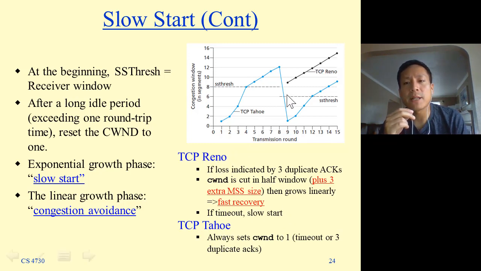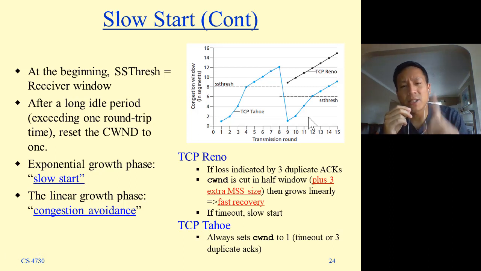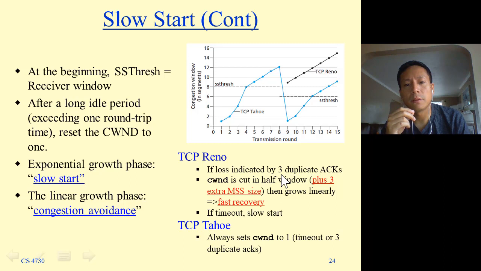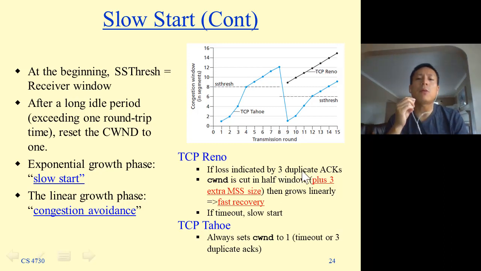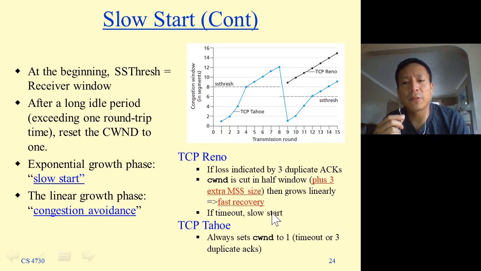You can see a little bit of difference between TCP Reno and TCP Tahoe is in one case: how they handle triple duplicate acknowledgement. Actually, TCP Reno only does this differently for triple duplicate acknowledgement.